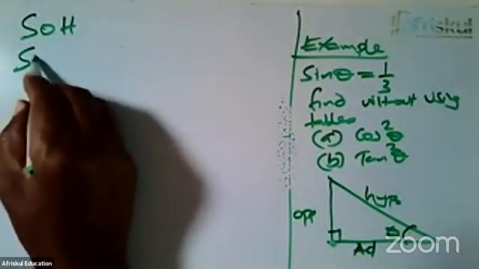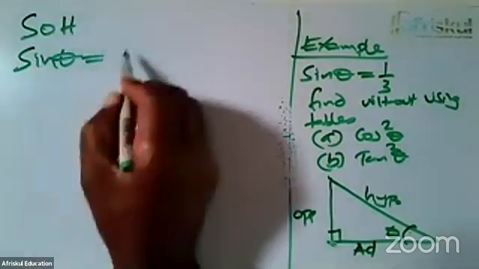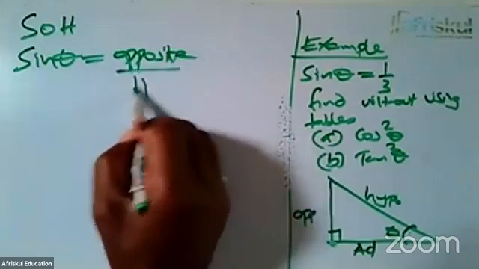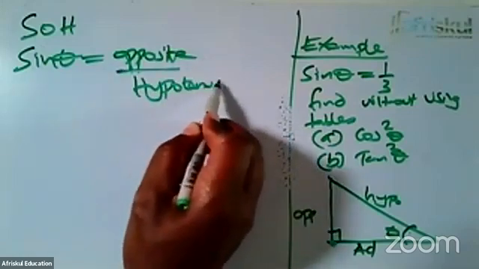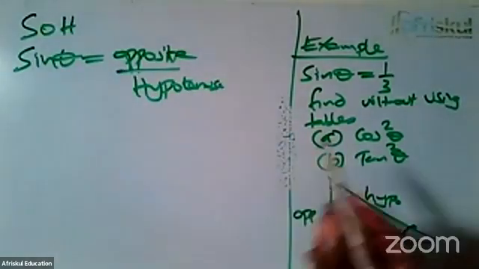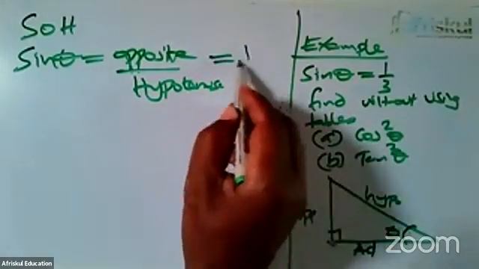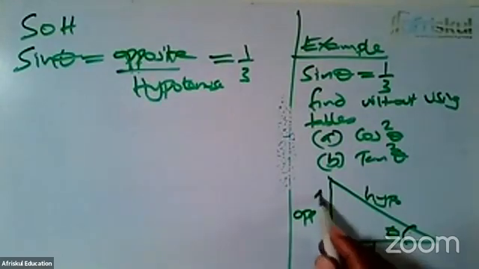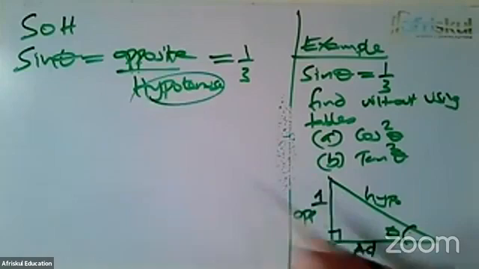So sine theta equals opposite over hypotenuse. Since they have told us that sine theta is a third, the opposite will be 1 and the hypotenuse will be 3. So now our work will be to find the adjacent.